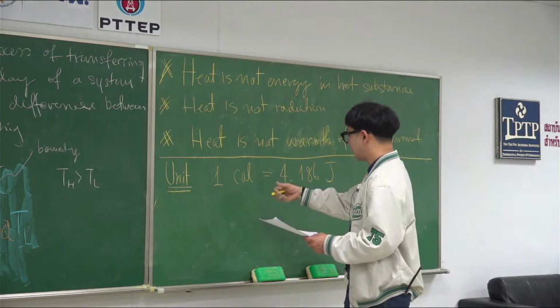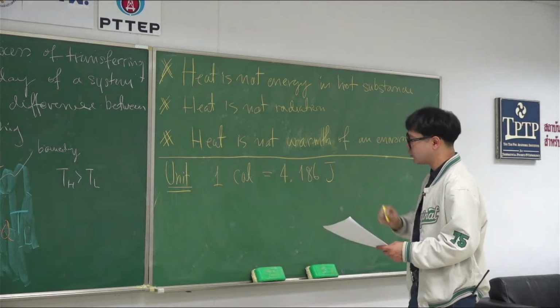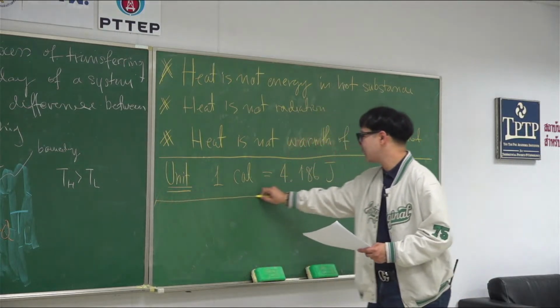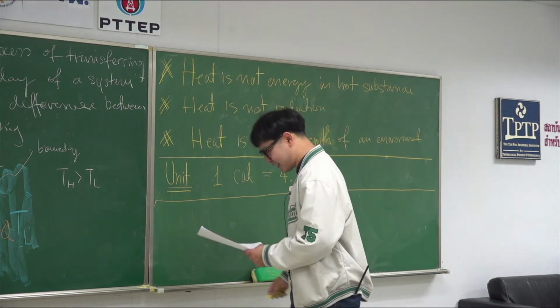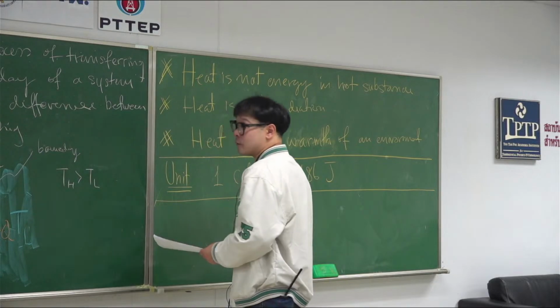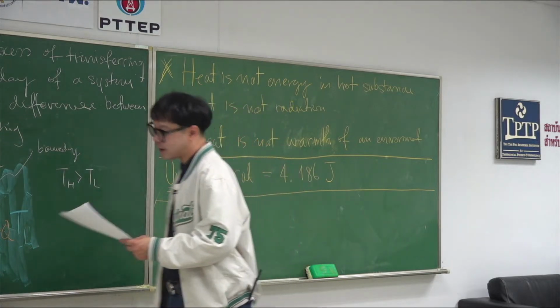You have a dictionary between these two units, but I'm not going to talk about it because I believe you learned it from the very first class of physics. And anyway, let's next talk about specific heat.